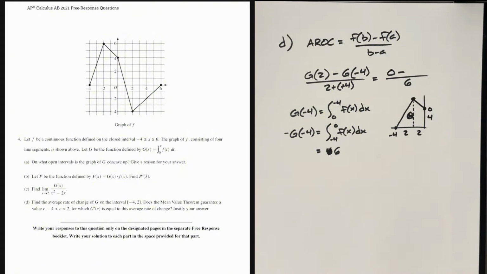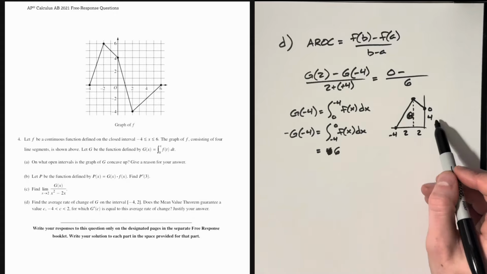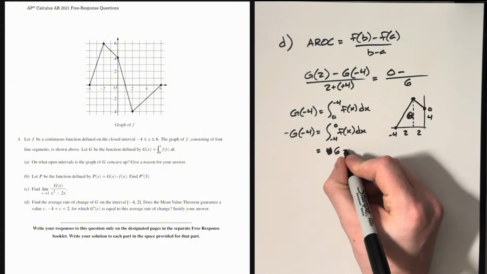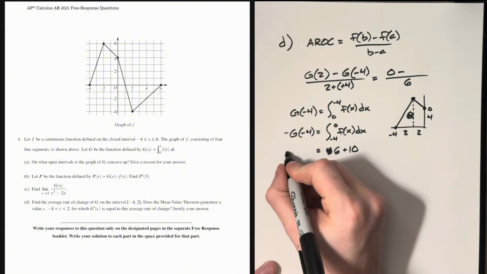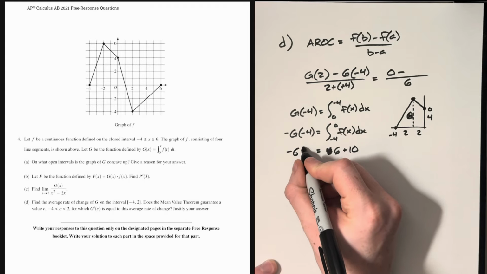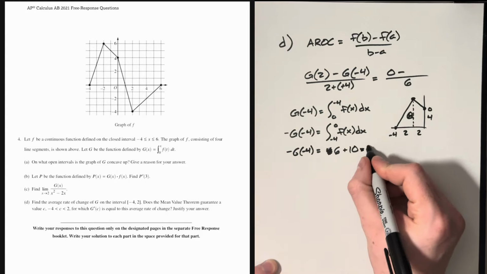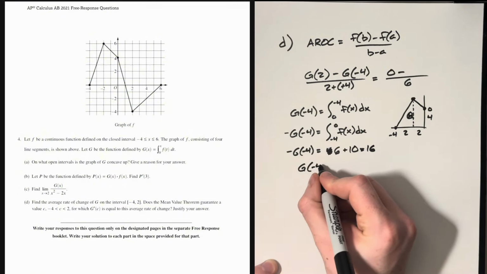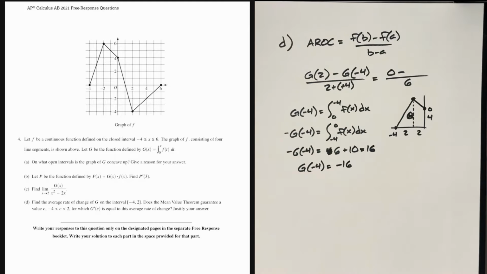We know the area of a trapezoid is the average of the bases times the height. The average of the bases is 5, goodness. Multiply that by 2, and I get 10. So I get negative g of negative 4 is equal to 16. So g of negative 4 is equal to negative 16, right?